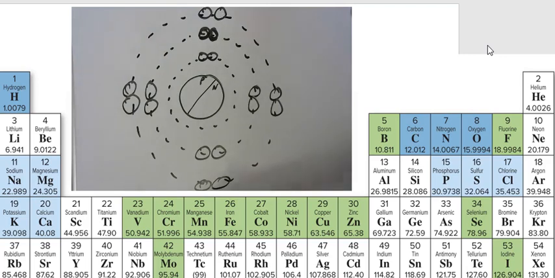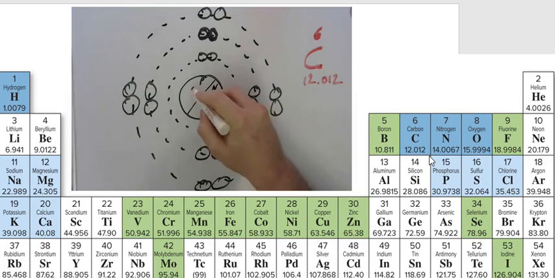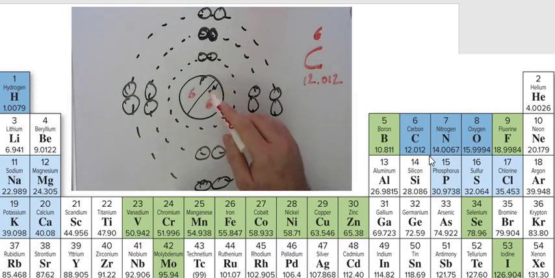And then if you work on the carbon atom, so you have the carbon atom here, so it's C, and it's 6, the number. And then here the atomic mass, the atomic weight, is 12.012. So what you would know is 6 is the atomic number, so that's the number of protons, and 6 neutrons that don't have a charge, protons have a positive charge, and electrons, 6 of them.